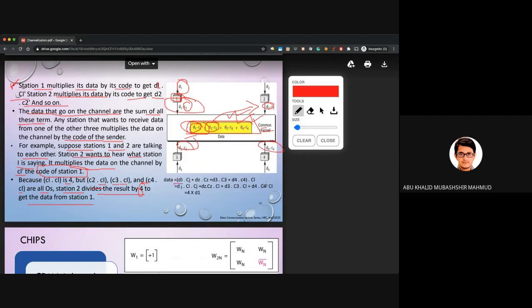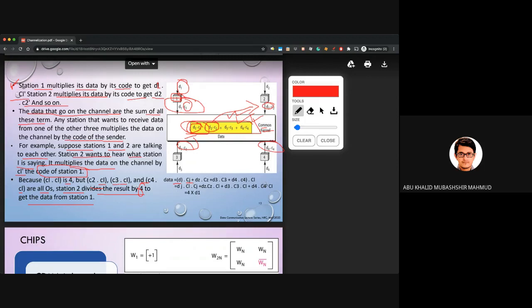The data D and this required station CJ is the example, and then we multiply it by other data channels, and we get these values of that data.